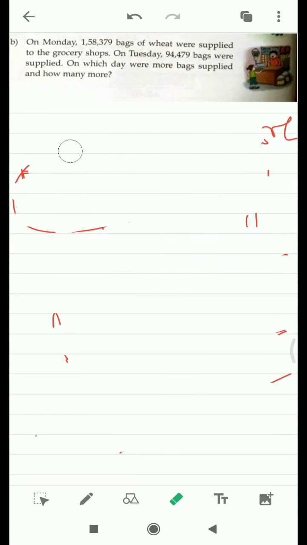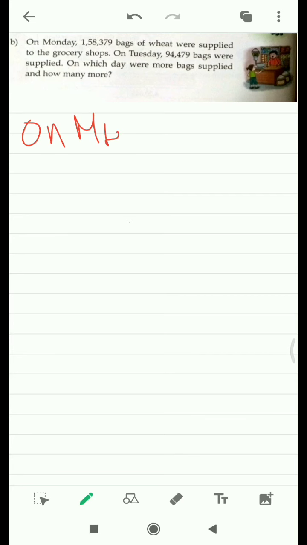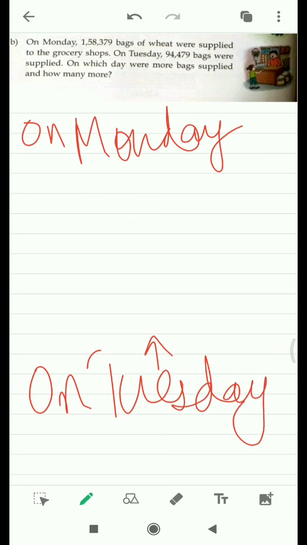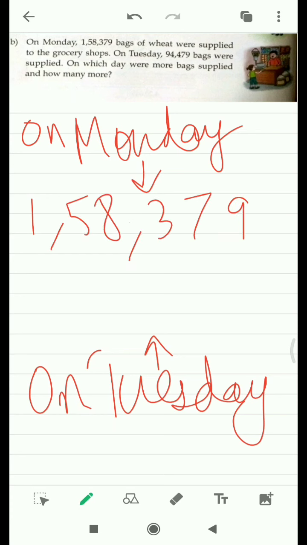First, you have to see on which day the wheat supply was more than the other day. On Monday it was 1,58,379, and on Tuesday it was 94,479.